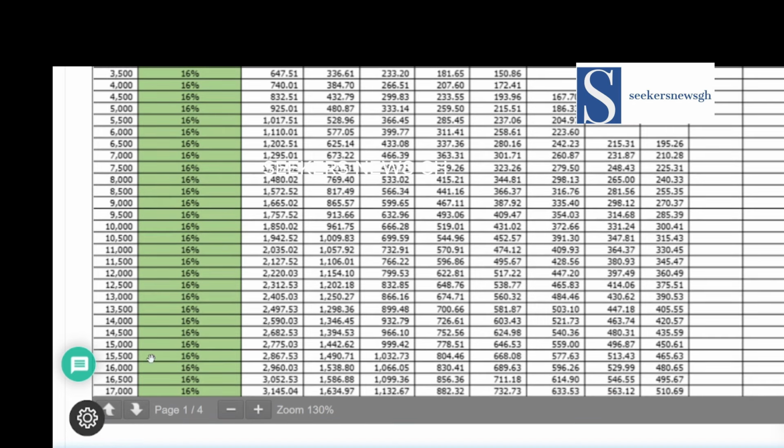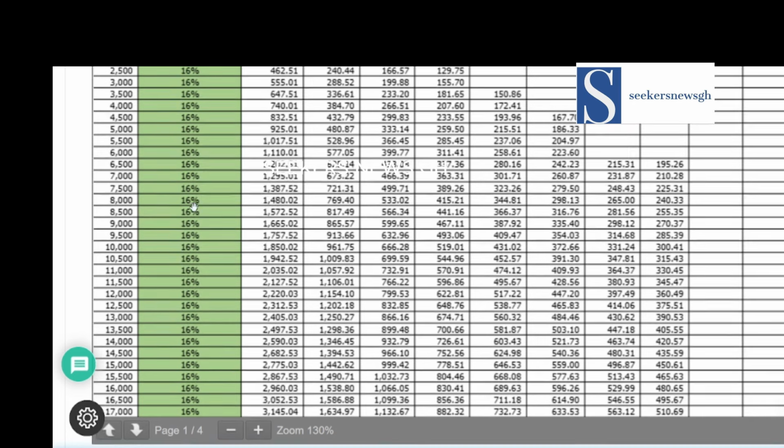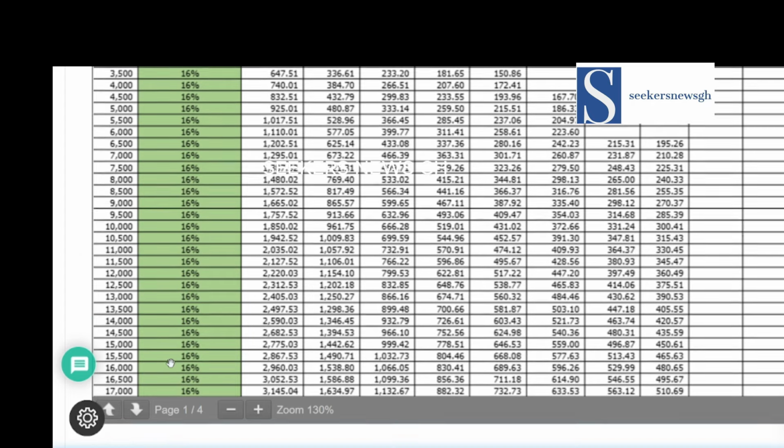Okay, so here, somebody taking 10,000 for a period of 54 months, you pay 300 cedis each month. All right.